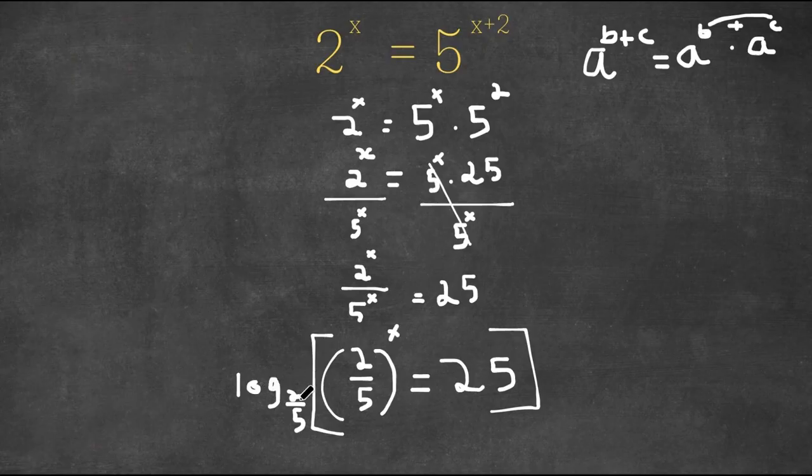So because this is base 2/5, these two are going to cancel out. So on our left-hand side, we have x equals, and on our right-hand side, we have log base 2/5 of 25.